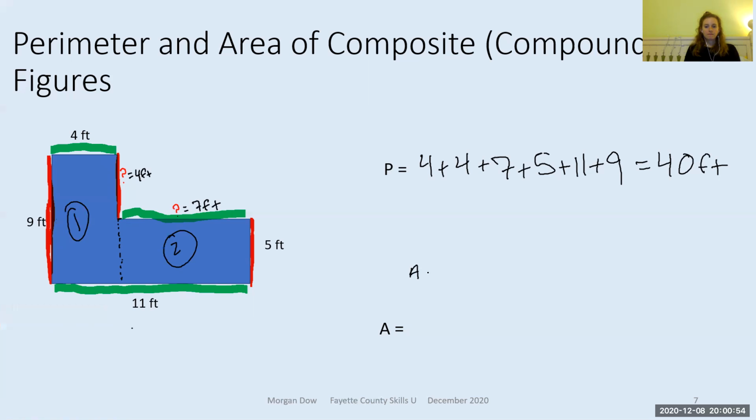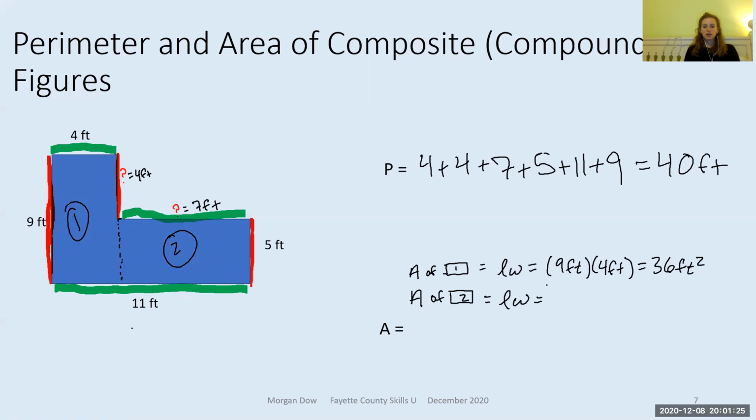So the area of rectangle 1: the formula for area of a rectangle is length times width. So rectangle 1 is going to be 9 times 4, which gives us an area of 36 square feet for that left-hand rectangle. And then the area of rectangle 2, again, same formula, length times width, and that is going to be 7 feet times 5 feet.